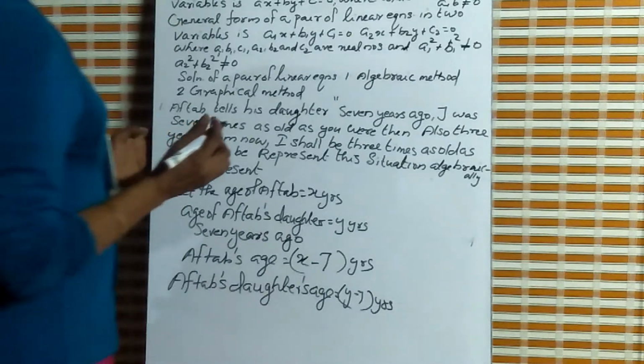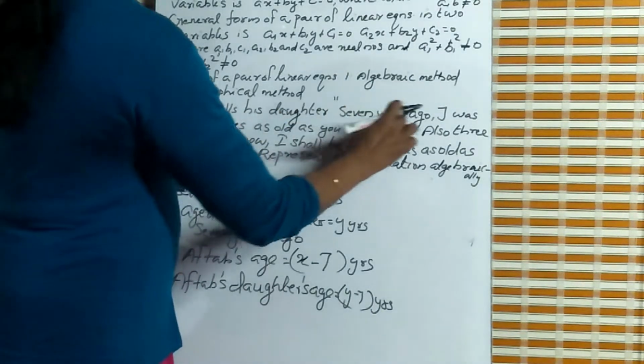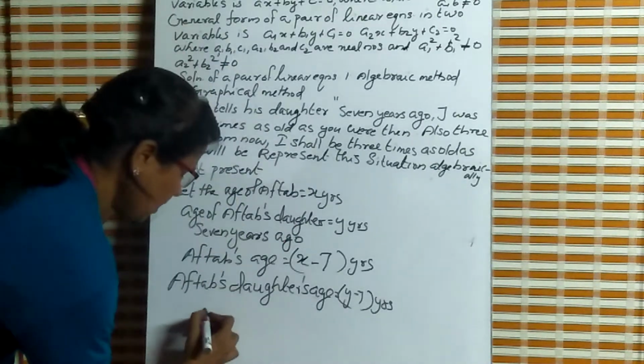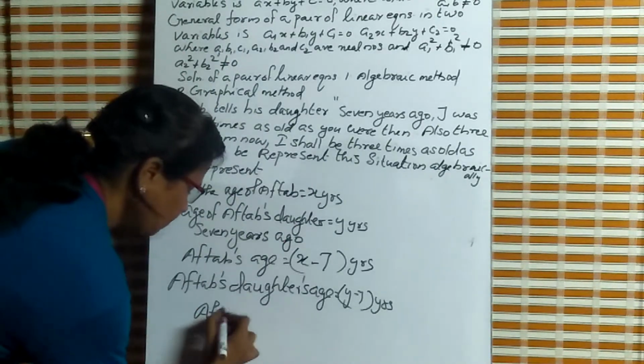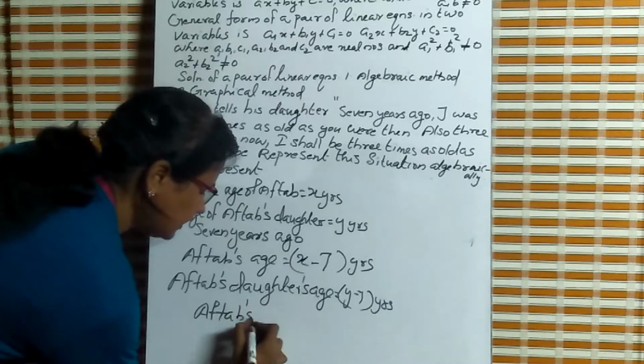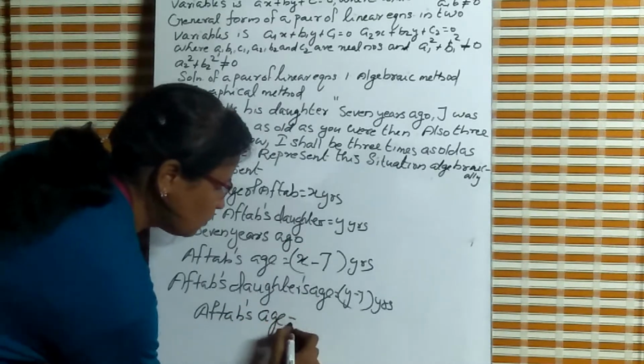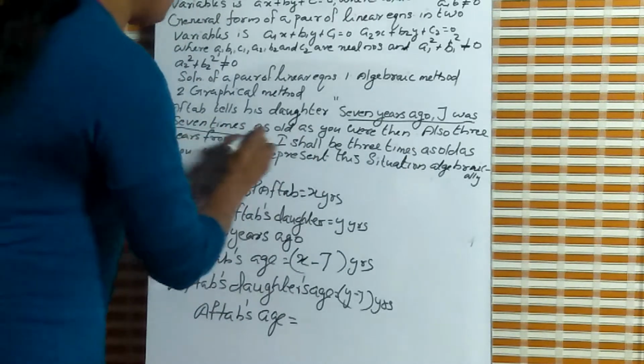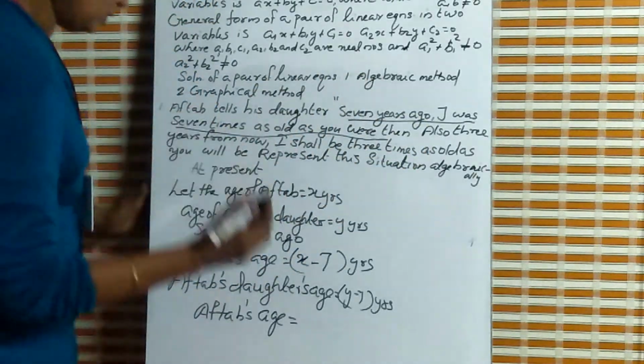Then, what is our question? 7 years ago, I was. Here I is Aftab. Aftab's age is 7 times the daughter's age, because 7 years ago, I was 7 times as old as you.